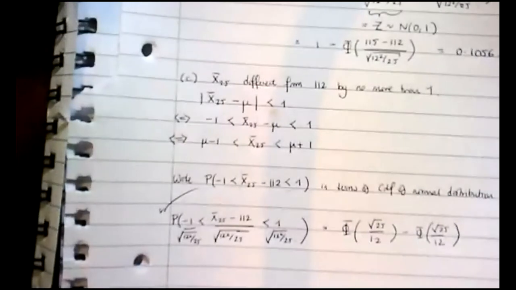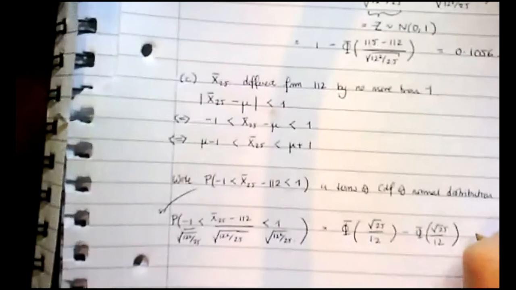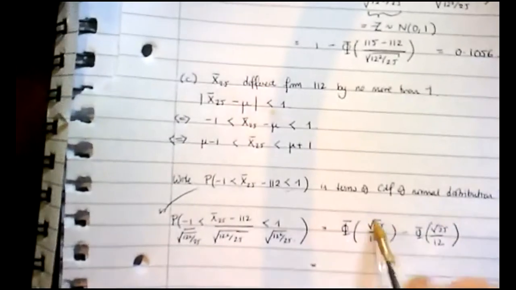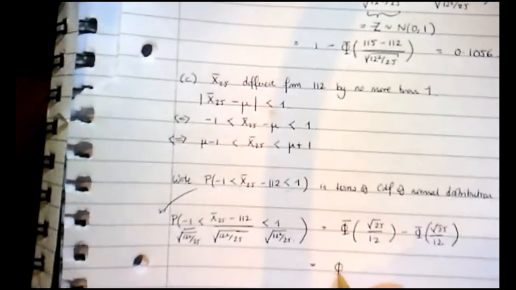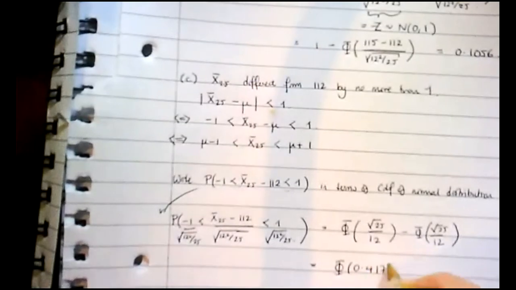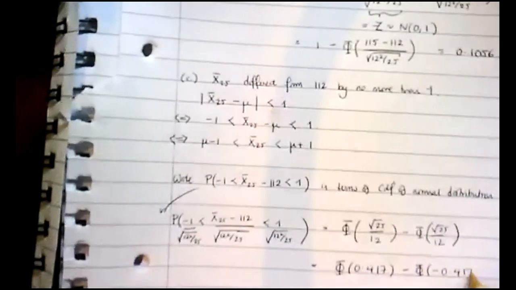And hopefully you're happy with the fact that the square root of a ratio is the ratio of the square roots. And we also know what the square root of 25 is, it's 5, right? We can look these two up in the table. And what we should be looking up is the value of 0.417 and minus 0.417.